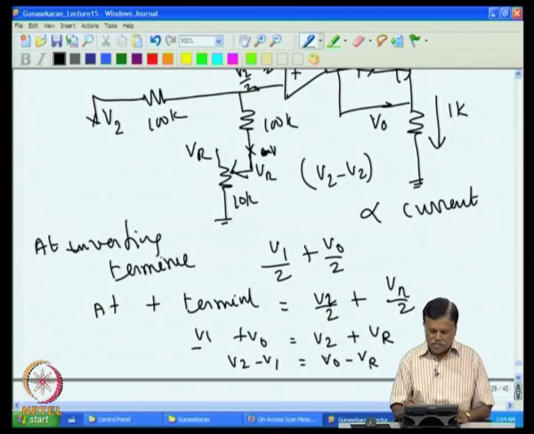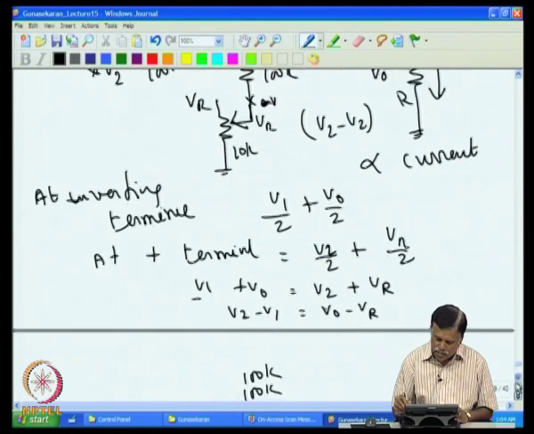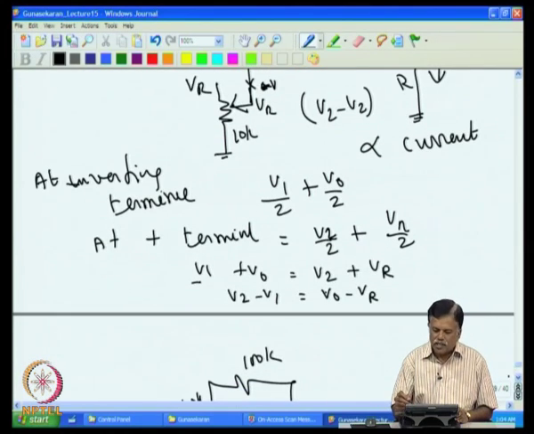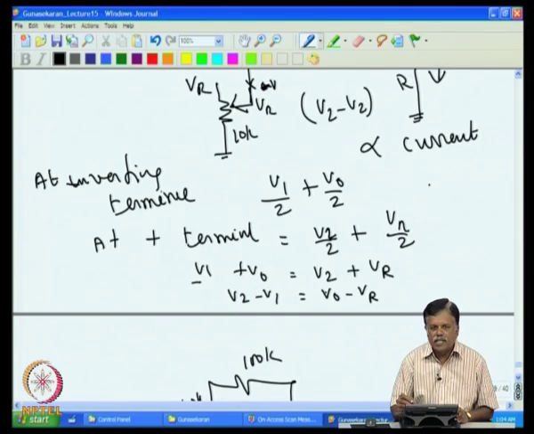Since VR is fixed, V0 is proportional to V2 minus V1. So, the difference will produce a voltage V0. The current would be V0 by R, if the resistance is R. So, that way V2 minus V1 can be converted into a current.